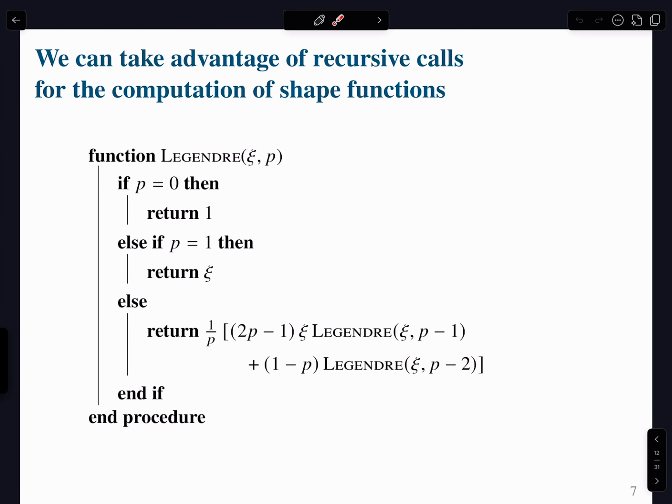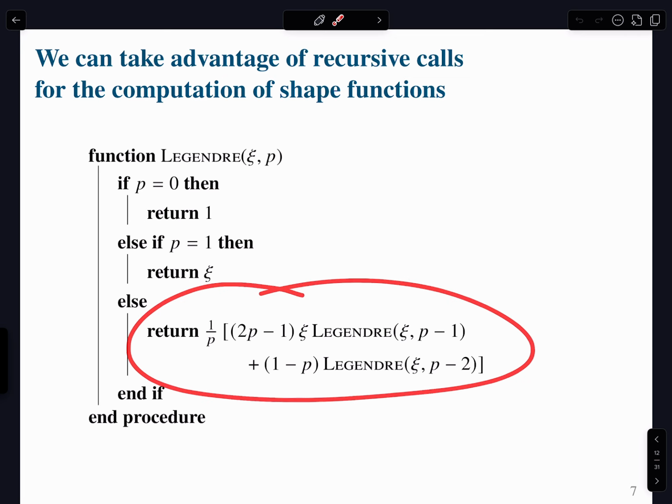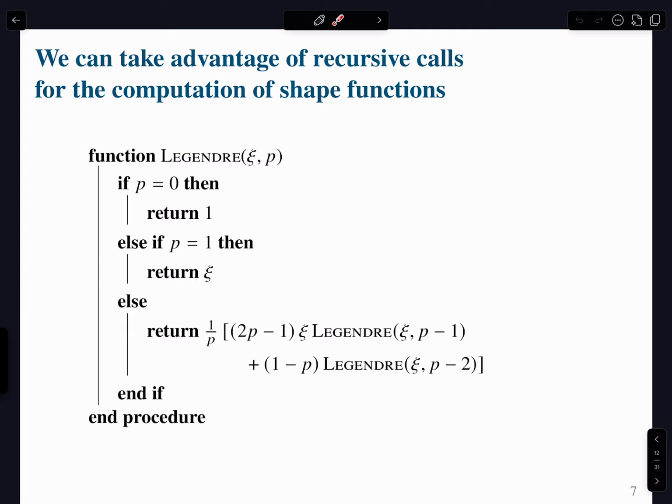But before that, let's look at pseudocode. Look how easy it is to compute those functions, right? So this is the function that computes a Legendre polynomial. Remember that is a recursive function. So whenever p, let's say, is quadratic, cubic, and so on, we get into this branch of the code, right? And so I'm calling this function again.